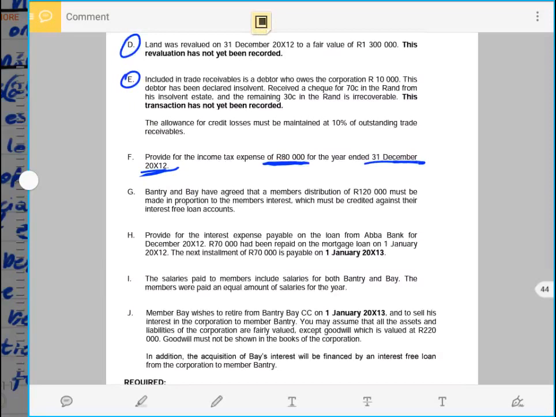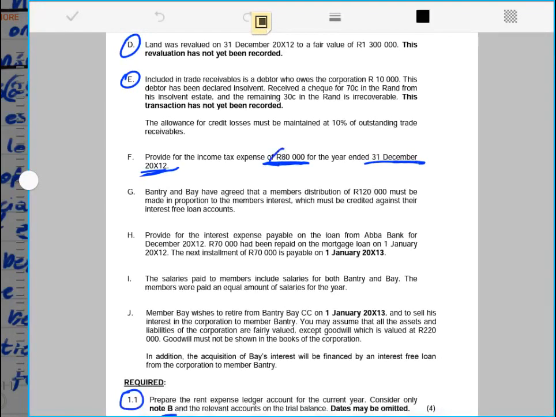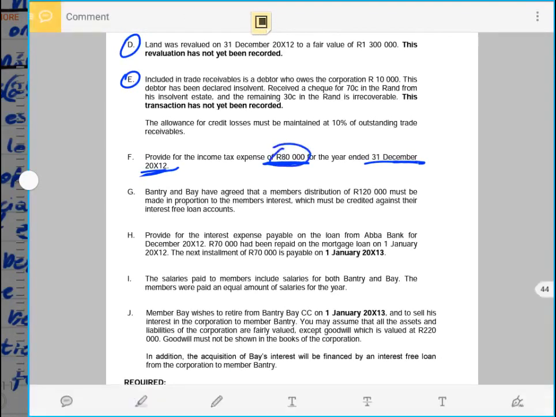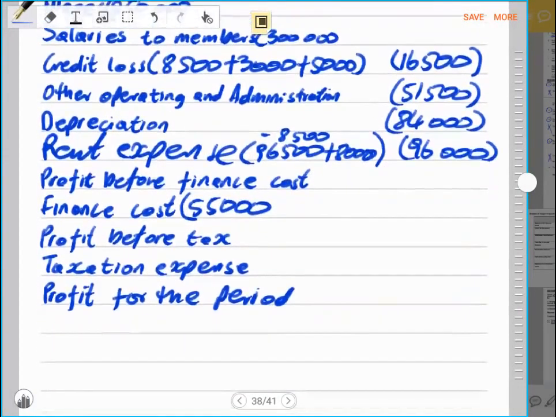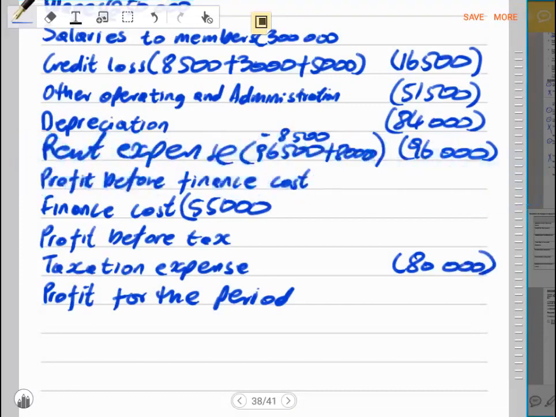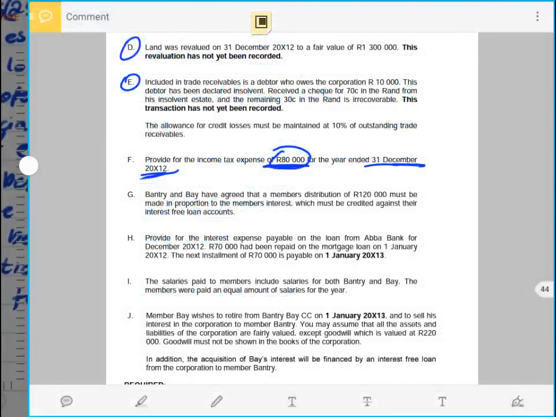Therefore we have to record this 80,000 rands in the income statement, because I think I have already made a provision for that. Our taxation expense is 80,000 rands. So we have recorded the tax expense in the income statement.